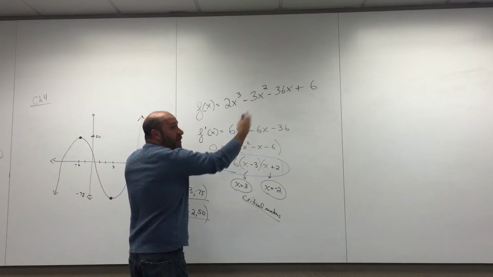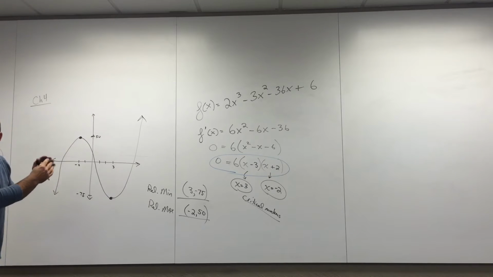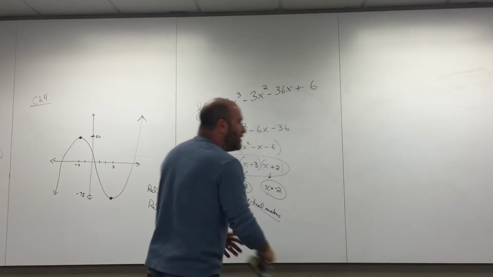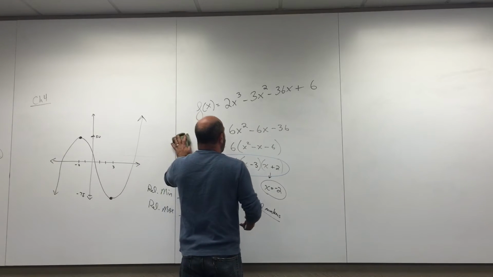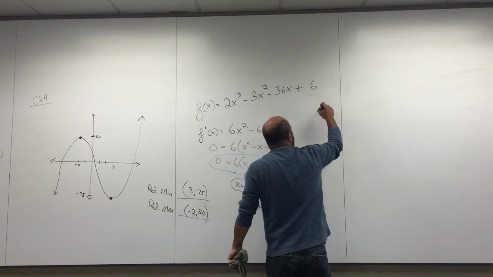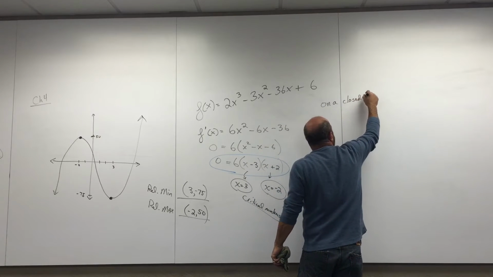I'm looking at this whole function completely. I don't want to just look at a piece of this function. I want to look at this entire function. I want to find the relative mins and maxes. But watch this. This is what they do in 4.1. They say, let's look at this function on a closed interval. Okay? So I'm going to make this up.